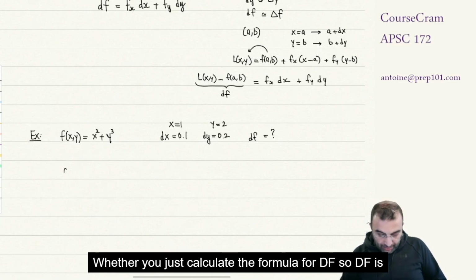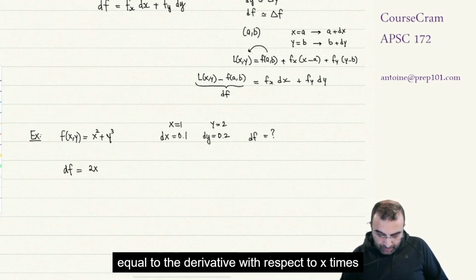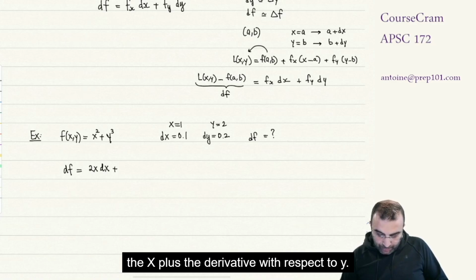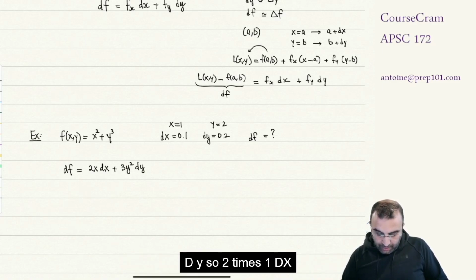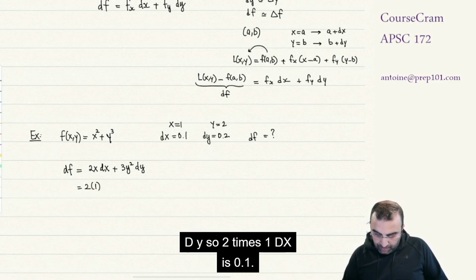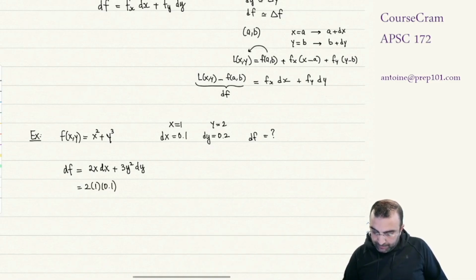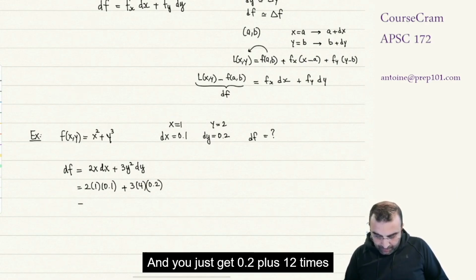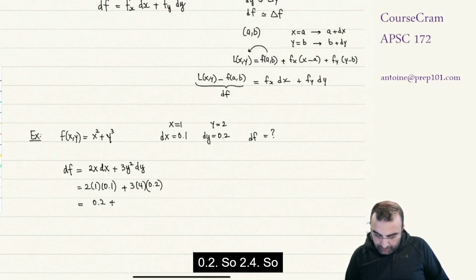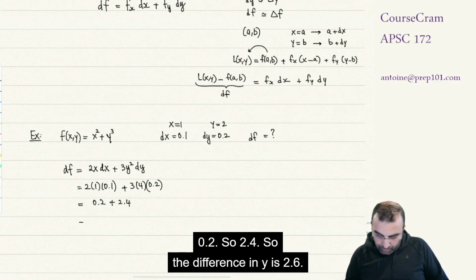Really, you just calculate the formula for df. So df is equal to the derivative with respect to x times dx plus the derivative with respect to y times dy. So 2 times 1, dx is 0.1, plus 3y squared, dy is 0.2, and you just get 0.2 plus 12 times 0.2, so 2.4, so the difference is 2.6.